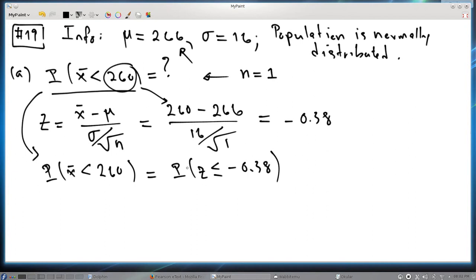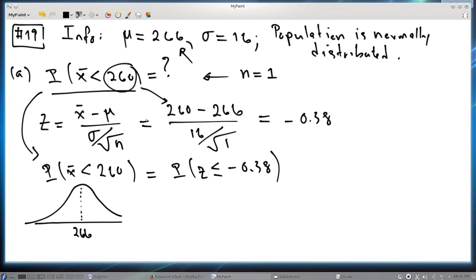Now, to confirm that the translation is correct, we can also check this out by drawing the general curve right here. So the general curve here has a mean value of 266. And we want to compute the probability under the area that is less than 260.